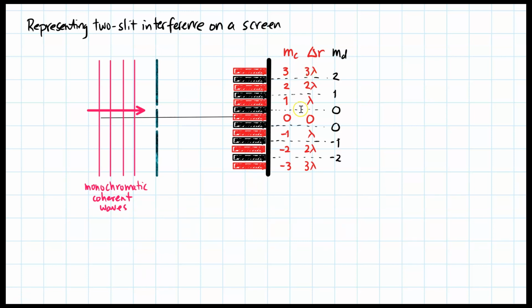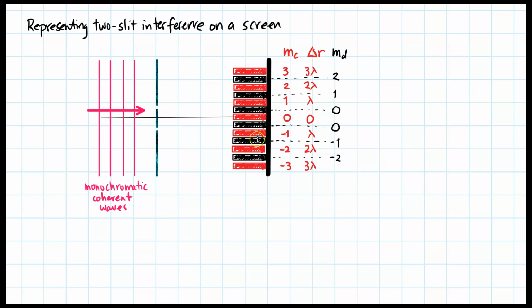Focusing on destructive interference, it is very common for textbooks to label MC and MD just by M. But there is a difference between these 2 numbers. So if I look at dark fringes, note that there are 2 zero points, whereas in constructive there's only 1 zero point. So the first dark fringe occurs at MD equal to 0, and then the second one is MD equal to 1, and the third one is MD equal to 2.